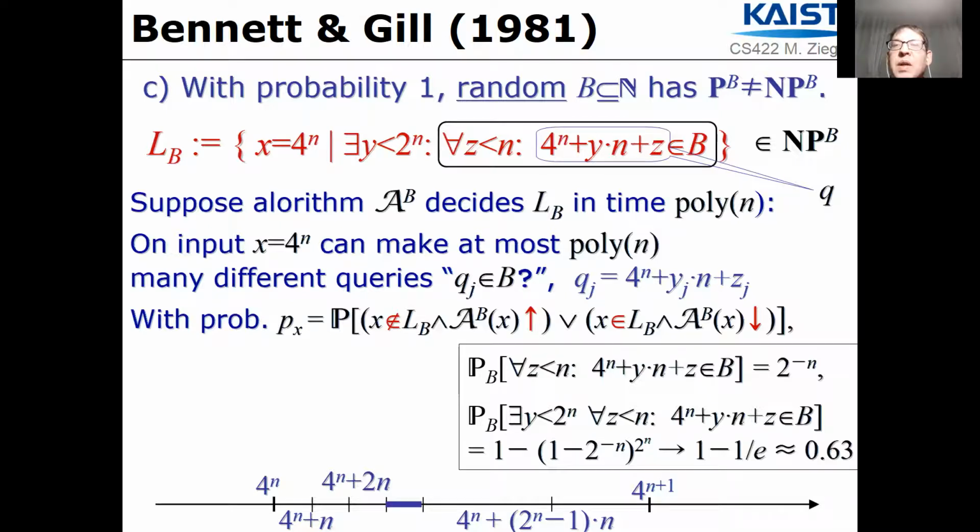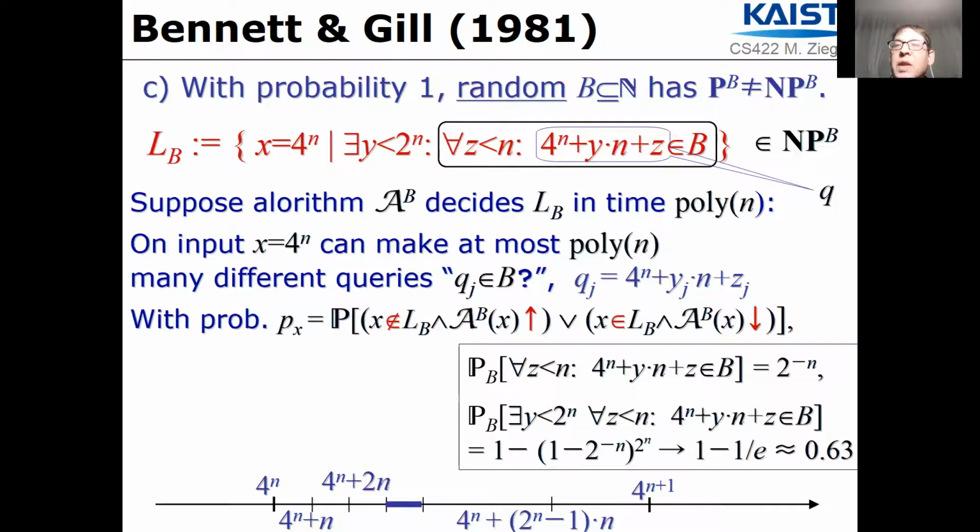The way we argue about them, we fix an arbitrary algorithm A, we consider arbitrary but fixed input x, and we consider random oracle B. And we talk about the probability that this algorithm A, when equipped with this oracle B, makes a mistake on deciding whether x belongs to the decision problem LB or not.